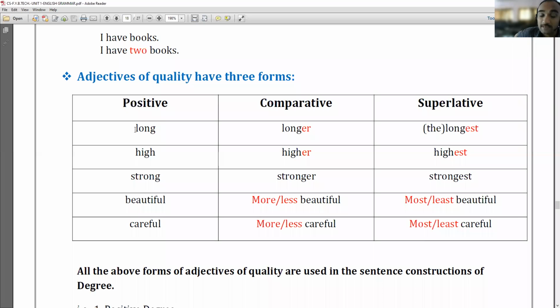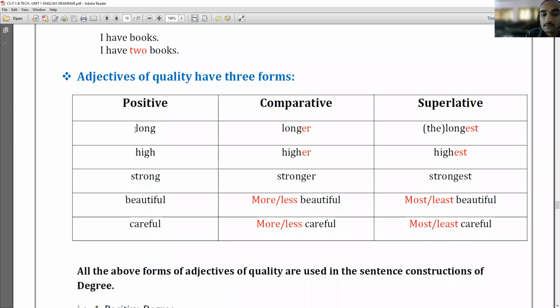Scale. Yes, scale. So scale, I have a scale which is longer than Rahul's scale. So we are comparing between two dissimilar things. माझ्याकडे जी पट्टी आहे ती राहुलकडे असलेल्या पट्टीपेक्षा काय आहे, मोठी आहे.